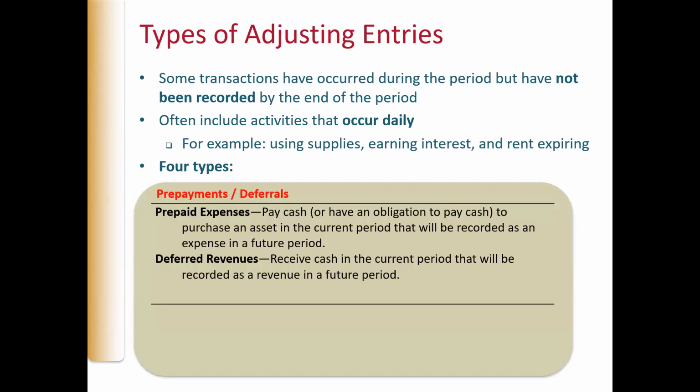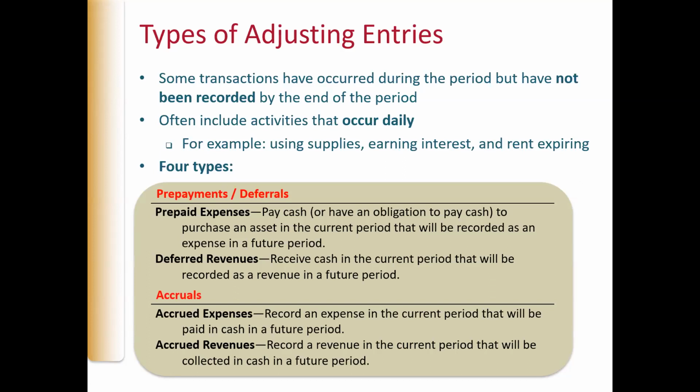So we talk about 2 types of what we call a prepayment or a deferral. Prepaid expenses are where we pay cash to purchase an asset in the current period that's going to be recorded as an expense in a future period. Also, deferred revenue is where we received cash in the current period that's going to be recorded as a revenue in a future period. Those are our prepayments and deferrals.